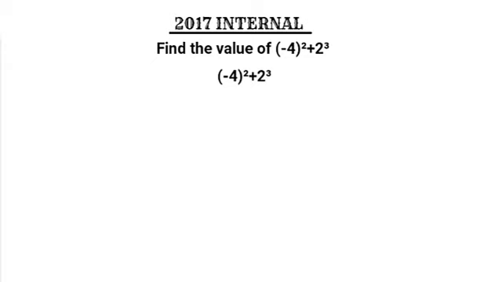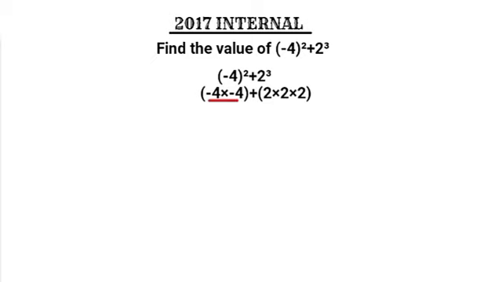So we're going to multiply -4 by -4, then add 2. Then we're going to expand 2 raised to the power 3, which is going to be 2 multiplied by 2 multiplied by 2.